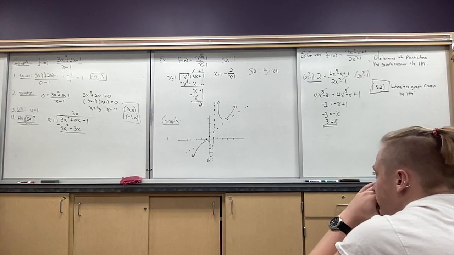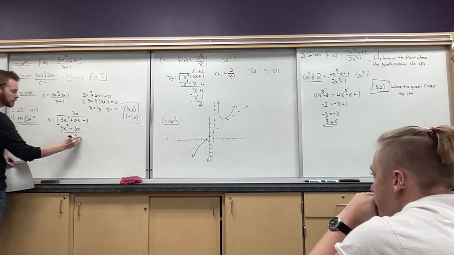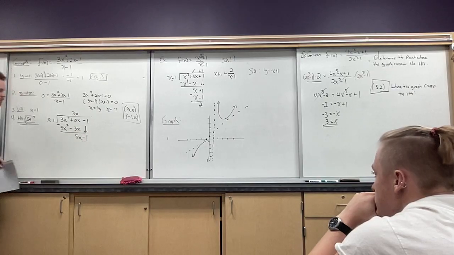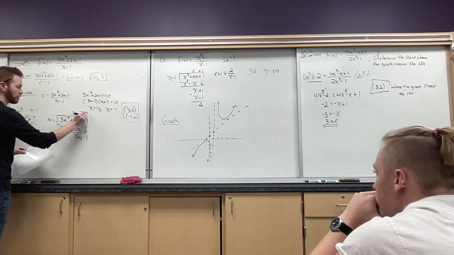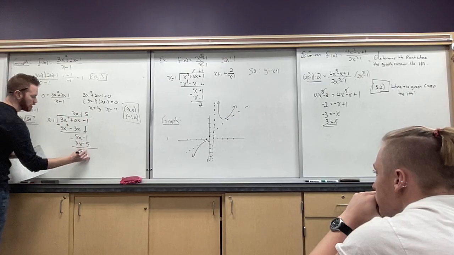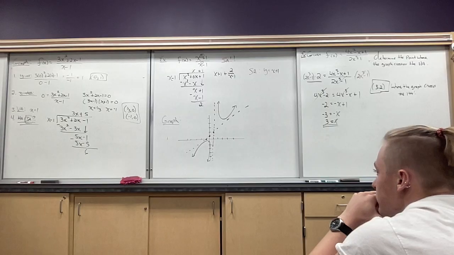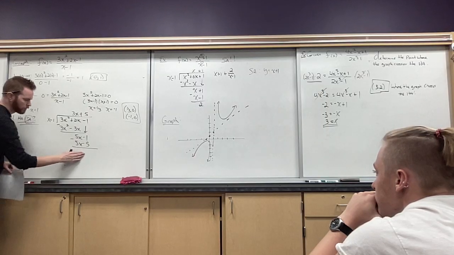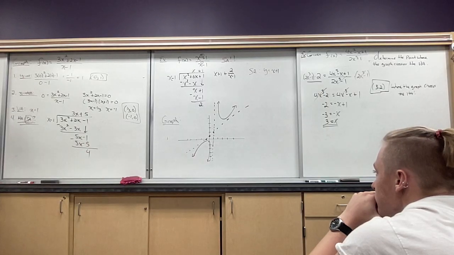First terms cancel like they should. This will be a 5x. Bring down the -1, and that looks like a plus 5. So it gives me 5x minus 5. 6 is the remainder. Nope, not 6. Let's try that again. How about 4? Wouldn't it be -1? Oh wait, never mind. That's okay.